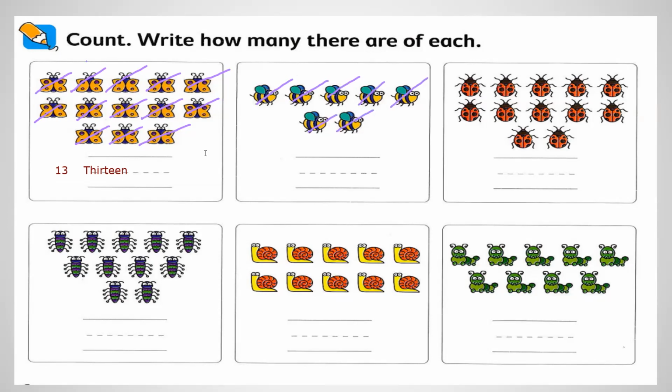Next, let's count 1, 2, 3, 4, 5, 6, and 7. And how can we write number 7? Yes, it's S-E-V-E-N, 7. Now let's count the ladybugs here. 1, 2, 3, 4, 5, 6, 7, 8, 9, 10, 11, 12.